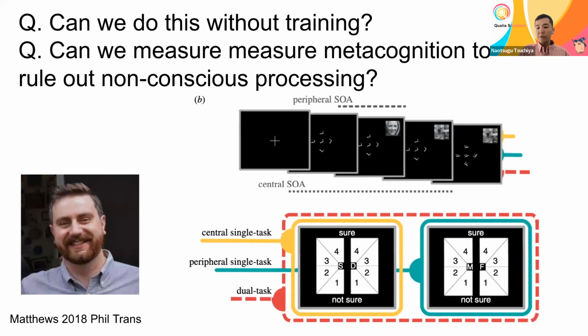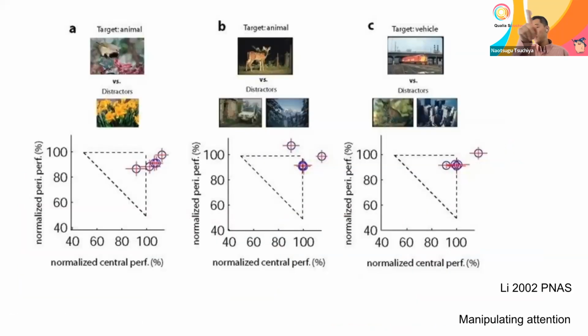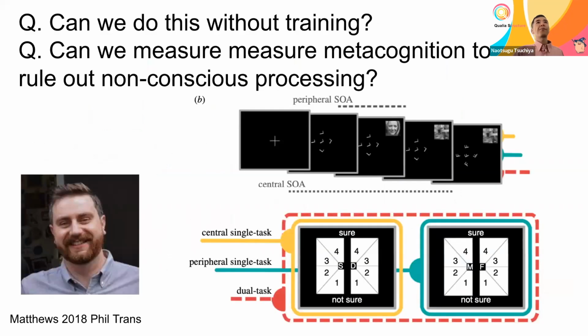So one of the problems of this study is that before going into the main experiment like this, subjects were trained for a significant amount of time, like 10 hours or so of doing this task until their performance stabilized. That's a bit of a concern because 10 hours of training might change your brain quite a bit, right? So that's something that we wanted to address. Can we do this without any training?